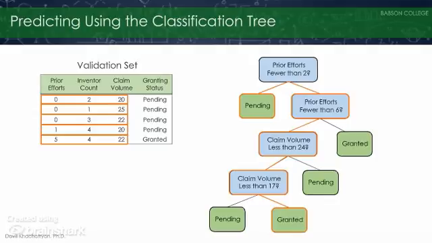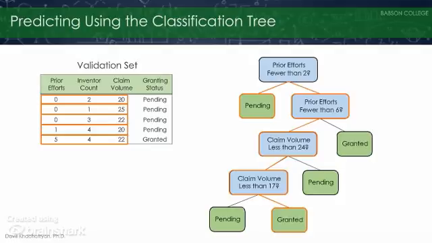So that's how simple it is to use the tree to predict the status of each patent application from the validation set. Now let us also not forget that for each application from the validation set, we actually know the true status, and that is what appears as the last column of the validation set table that you have on the left side of this slide. For the first patent document, we know that it was pending 3 years after the submission.